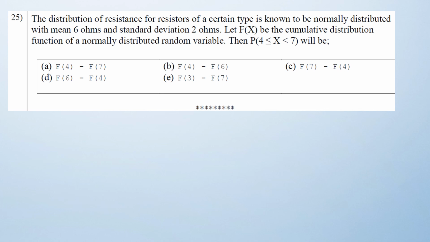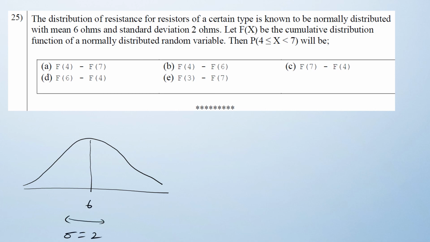For the normal distribution given, you will have a graph like this. Since the mean is 6, it will be symmetric over 6 and the standard deviation sigma is equal to 2.